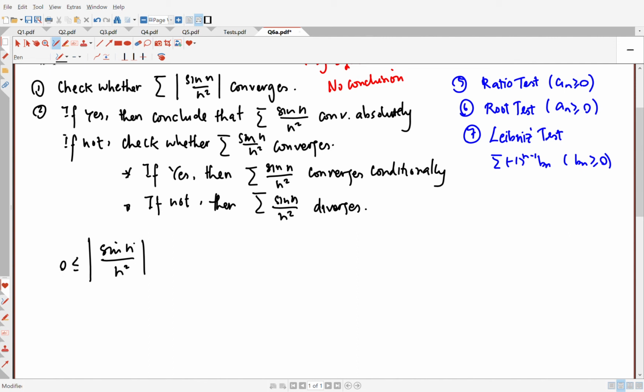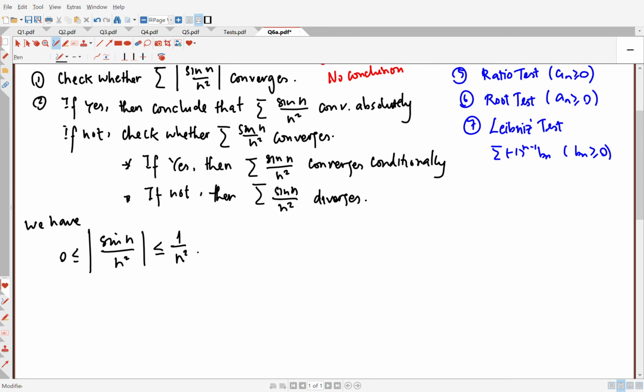But we know that the absolute value of sine n is less than or equal to 1, right? And the absolute value of n square is just n square, so I just copy. So we have 0 is less than or equal to the absolute value of sine n over n square, which is less than or equal to 1 over n square for all n from 1 to infinity, right?